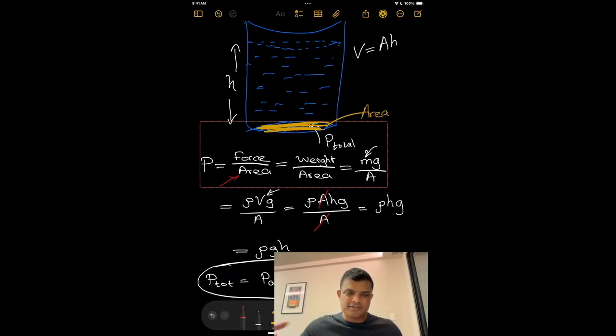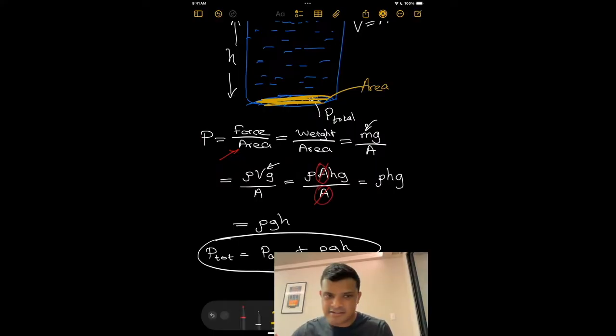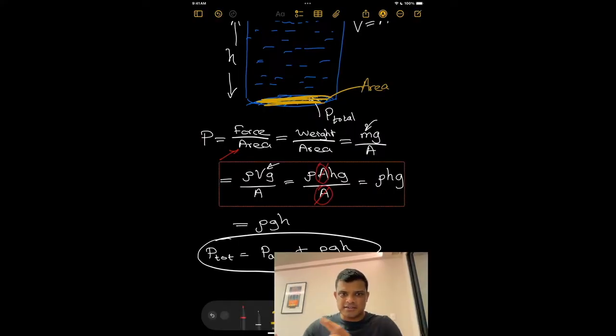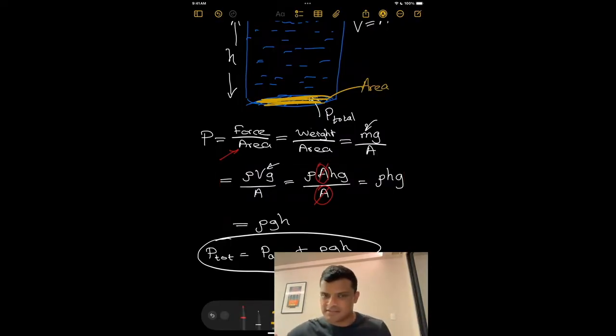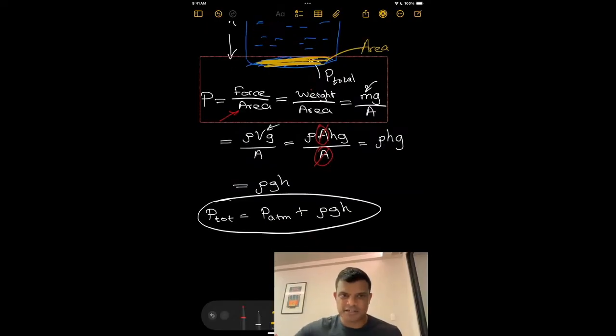So the wider your container, you're making the area bigger. Those two factors cancel. Literally in the math, that's why the A's drop out, because they are coming from different things. The area is a part of the weight argument, so this weight had an area in it, and then of course we divide by an area. That's why the areas cancel. So if you look at the pressure in a fluid, it only depends on the height, and that's why.